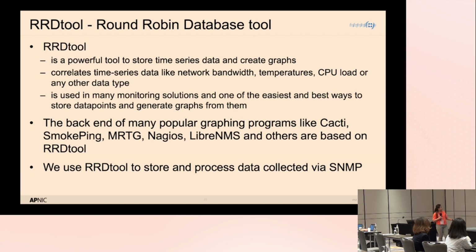More specifically, RRDtool is used by popular programs like Cacti, which is a bit older now, but actually that's how I started with this, SmokePing, MRTG, LibreNMS, which you guys are using, and a few others that are based on this. RRDtool uses SNMP for data collection.